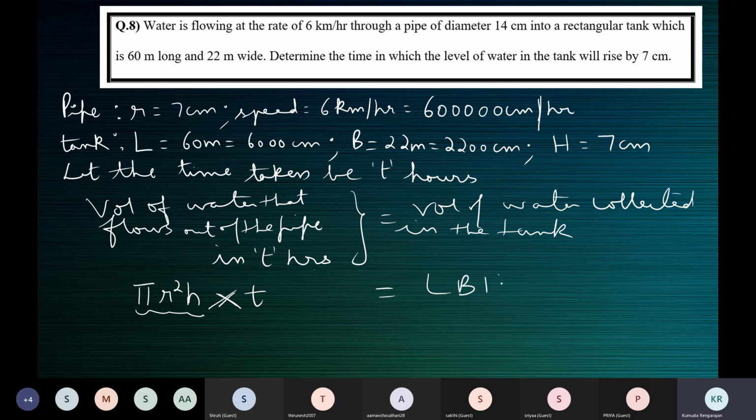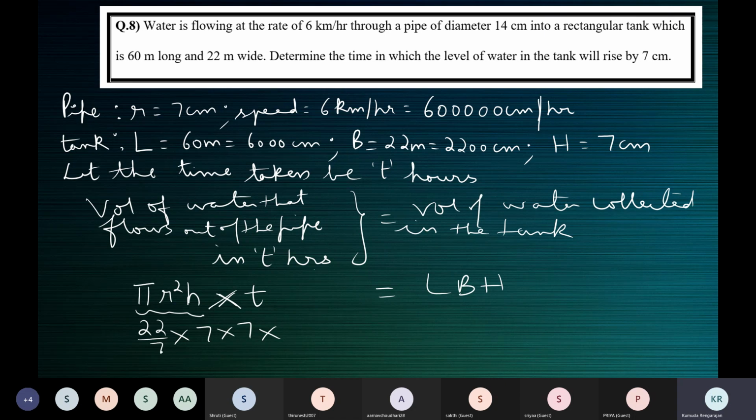Here the formula to find the volume is LBH. Since we cannot cancel pi on both sides because we don't have pi on the other side, we'll use the value of pi, 22 by 7, into r square. You can see there in the substitution, everything in centimeter, children.